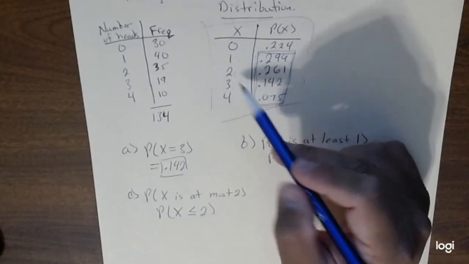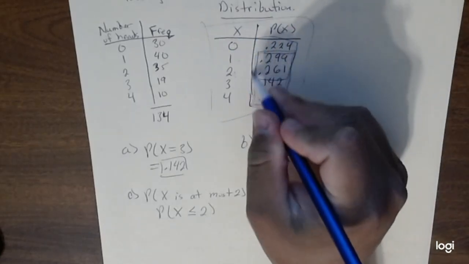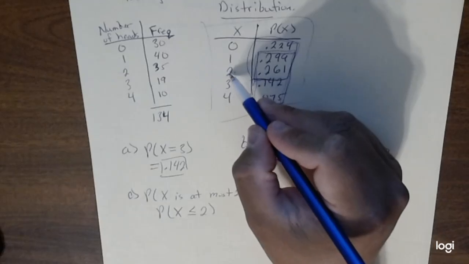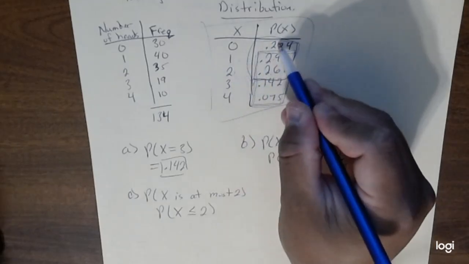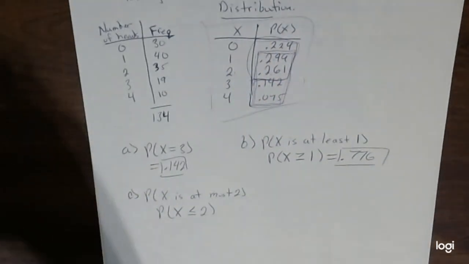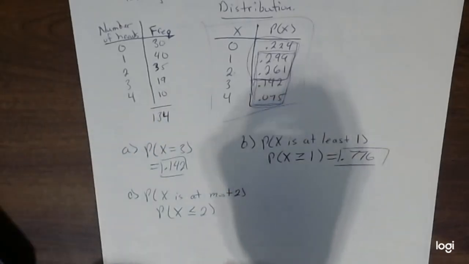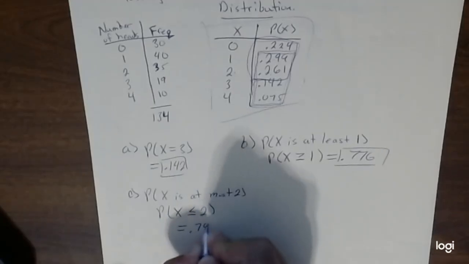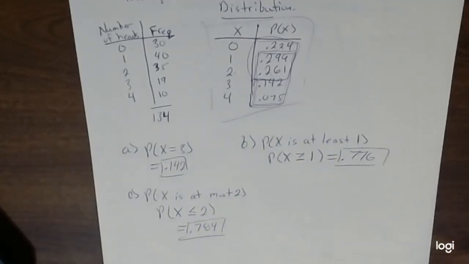Don't forget about 0. It's essentially these 3 numbers because they want 2 or less. Adding those 3 numbers together, what do we get? You get 0.784. That's what I got. And there's your answer.